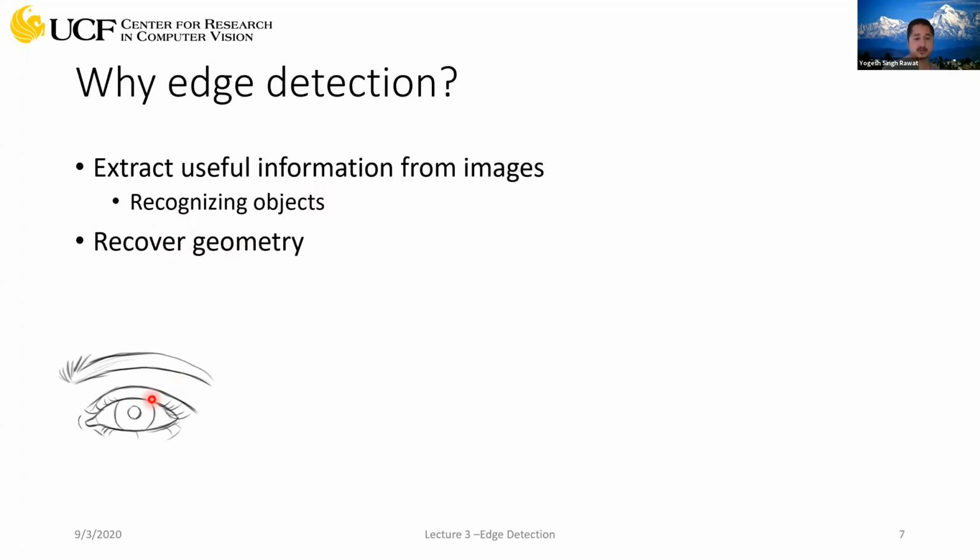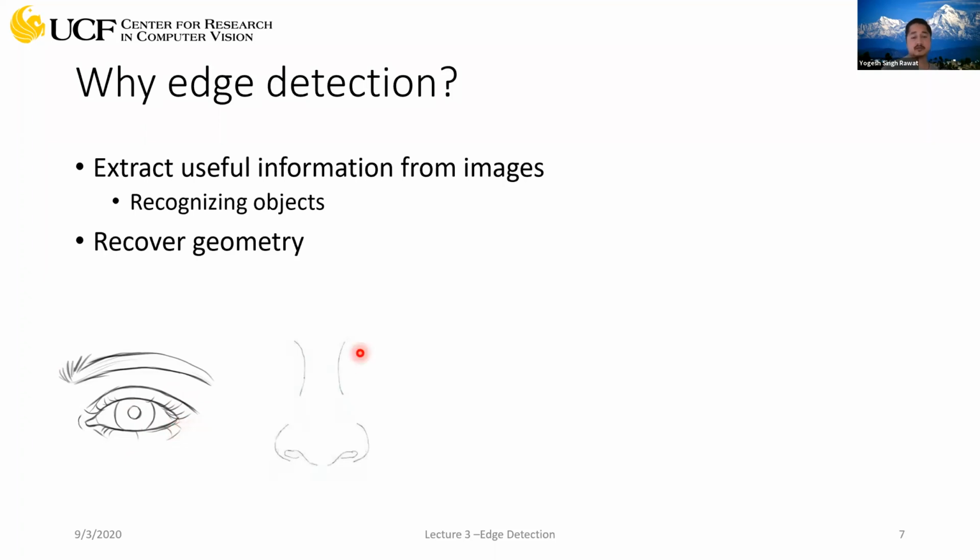For example, this is not an image, right? It's just a sketch, and it's only giving you edges, maybe from an image. But still, just using the edges, you can easily interpret this as an eye. So it can be used for object recognition. Similarly, you can detect this as a nose.